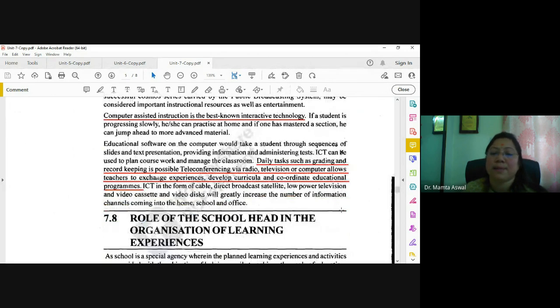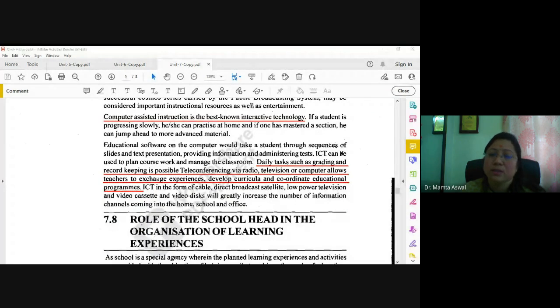They can play games. There are a variety of softwares available. You would have seen while teaching, for English language there are softwares, for mathematics there are softwares, for sciences there are softwares where the students online can do certain activities on that particular software. So ICT can play a very important role in the teaching learning situation.